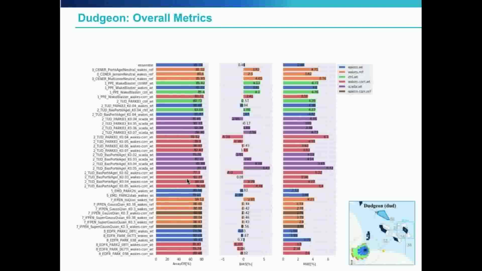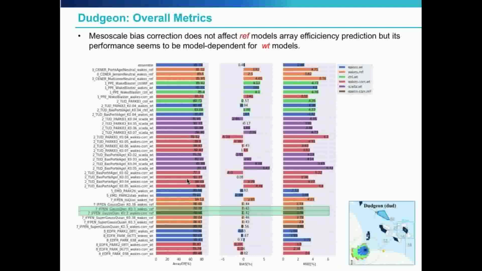Not to focus too much on the individual results, because this could become overwhelming and we don't have the time, but this is just to give you an overview of the type of results we have in the evaluation scripts, where you can see differences in how reference or wind turbine type input data affects the models.